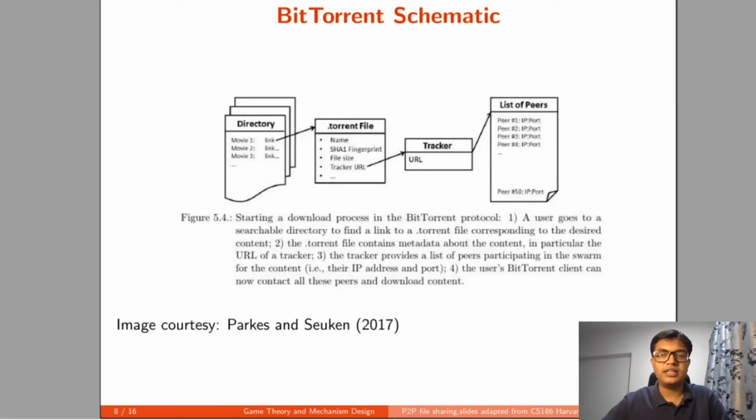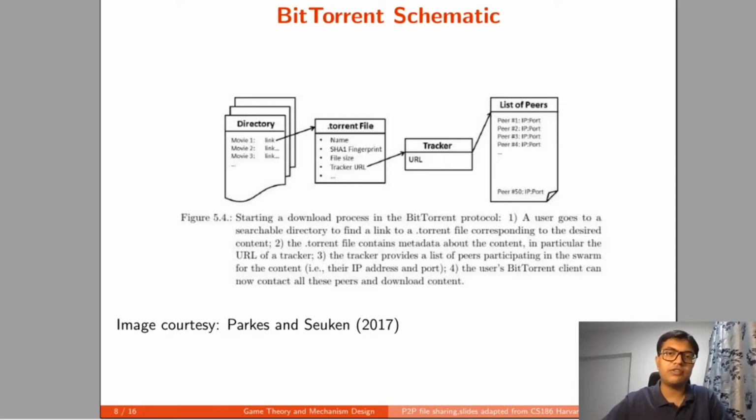So here is a slightly more detailed view of the underlying engineering of BitTorrent. Typically we find a torrent file which has a lot of information: the name of the file you are looking for, its SHA-1 fingerprint, file size, and an important thing called the tracker URL, among other things.